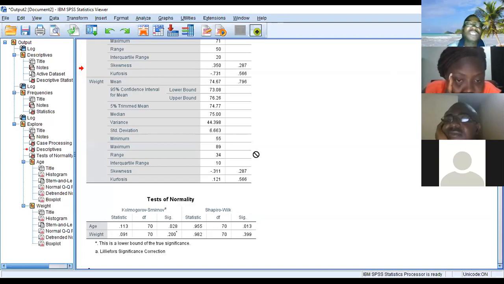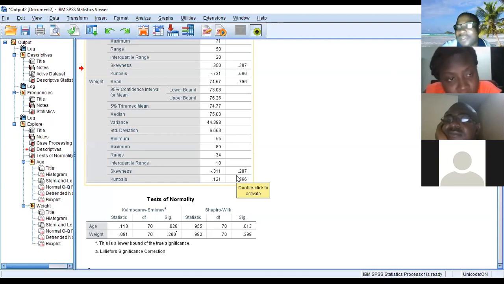The mean weight of these people in the real population where they are is the parameter. But the mean weight we are getting in our data set is a statistic, without S. Statistic without S. It only carries S when it is plural. It's different from the subject statistics, which is the subject, right?